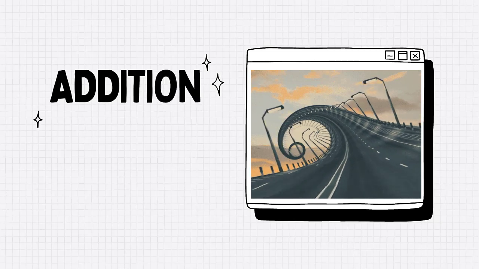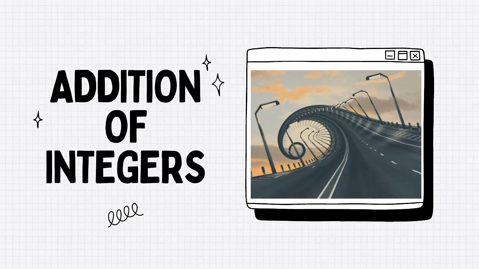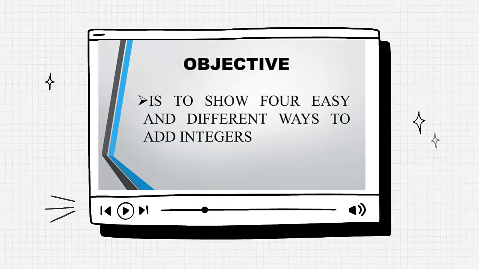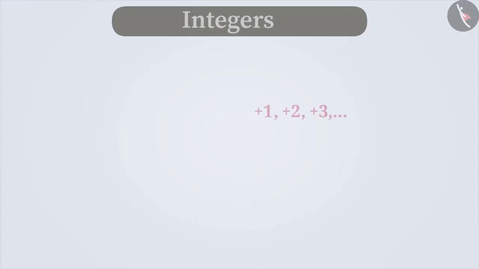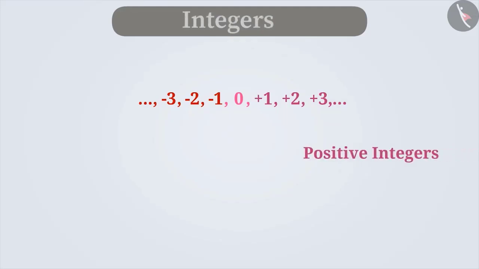The main objective of this blog is to show 4 easy and different ways to add integers. Integers, or set of integers, are made up of all positive whole numbers, all negative whole numbers, and zero.